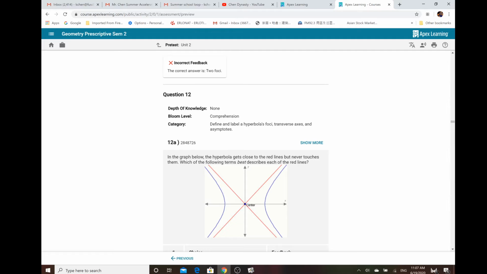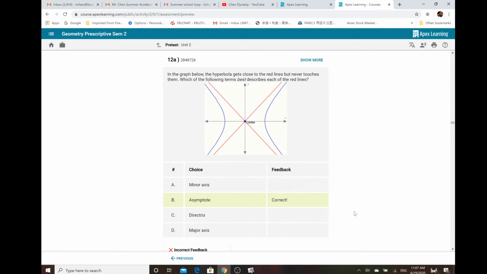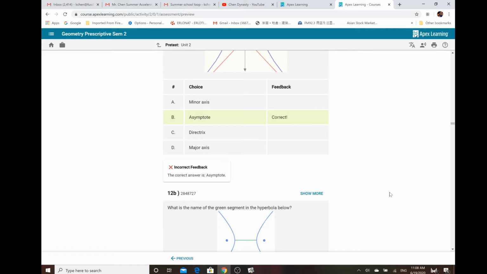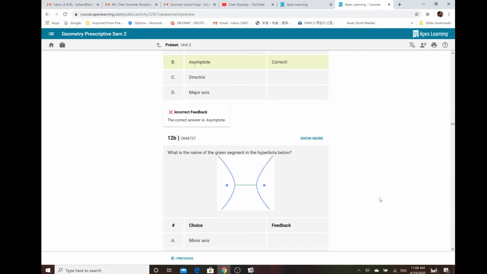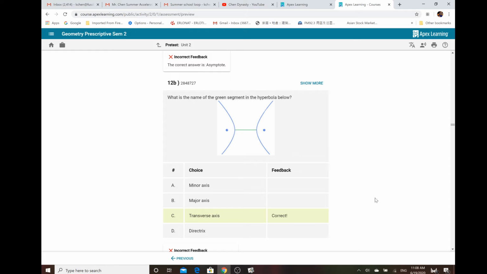Which of the following terms best describes each of the red line asymptotes? Again, an asymptote shows the boundary of the symmetrical curve. And what's the name of the green segment in the hyperbola below? This one is called the transverse axis. Let's say that I connect the vertices from one endpoint to another endpoint.